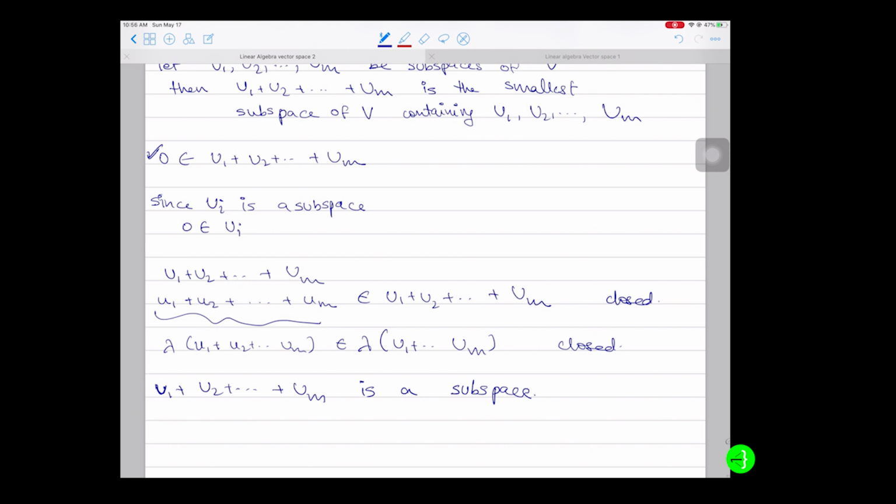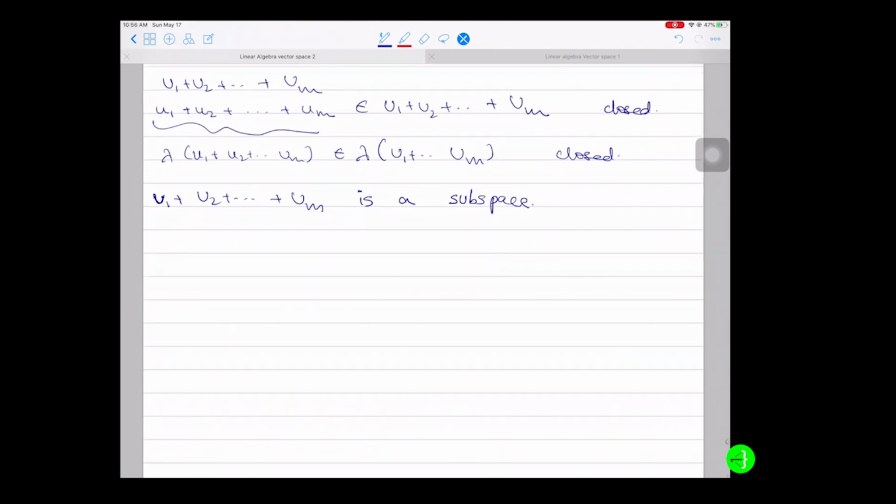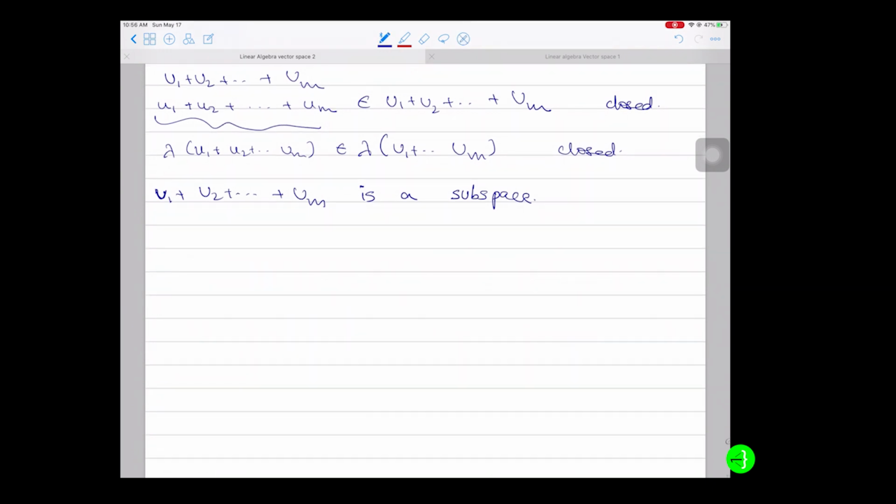And one simple thing that we need to talk about before we complete the proof is that the whole sum is contained within itself.